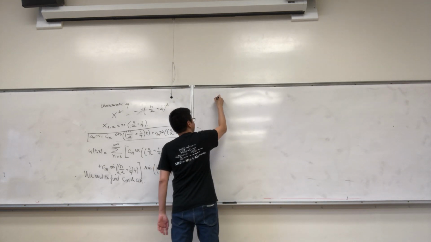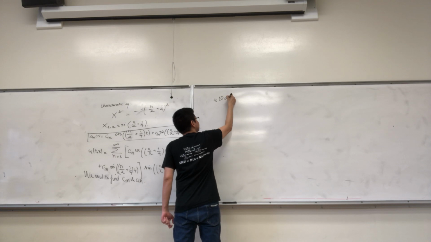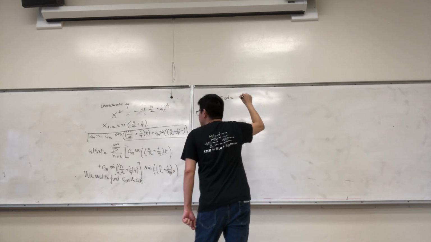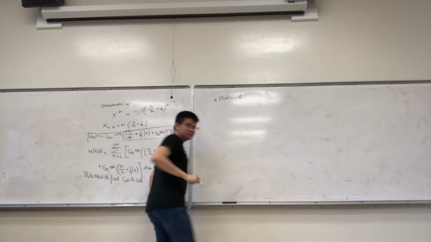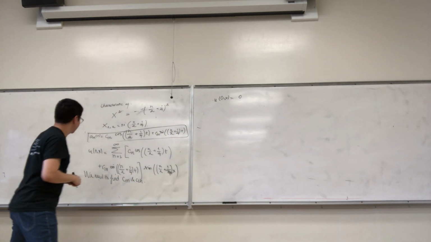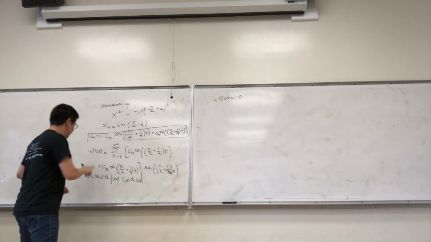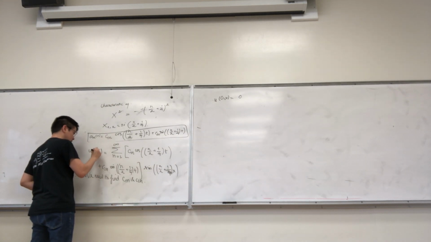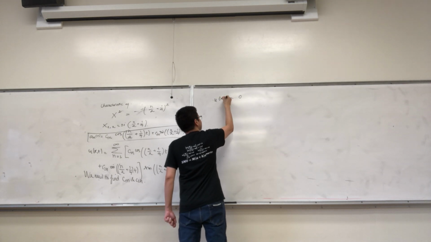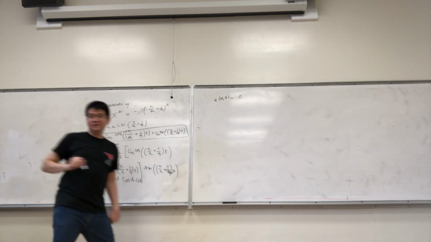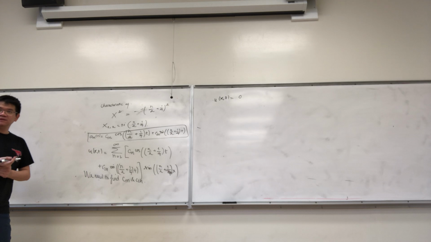So you have u at 0 is 0. So this is the first initial condition. I think this is u(0,x), so this should be u(0,x), so the first initial condition is 0.